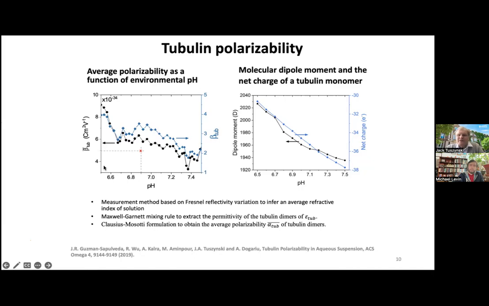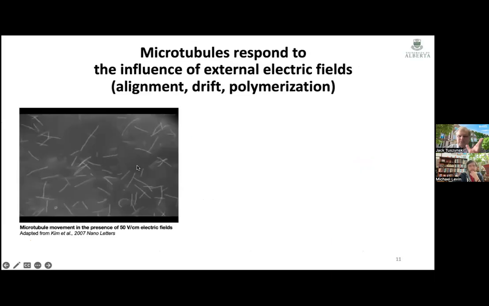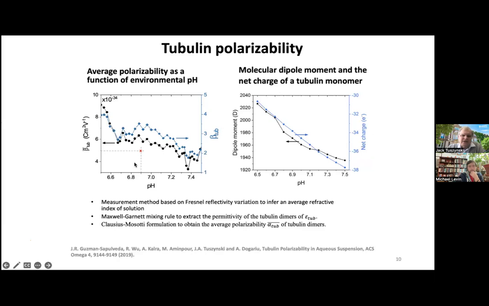So you see, this is the first indication that the medium cannot be separated from the system, because if you change the pH of the medium, you change the polarizability of the system, and this is shown as beta of tubulin. Sorry, and you can see how that changes. Actually, it's even hysteretic, so it depends on the direction of the pH change. You have a different value, so it has a hysteretic behavior.